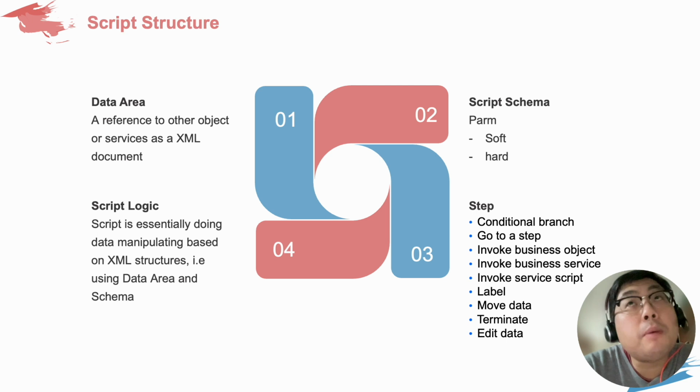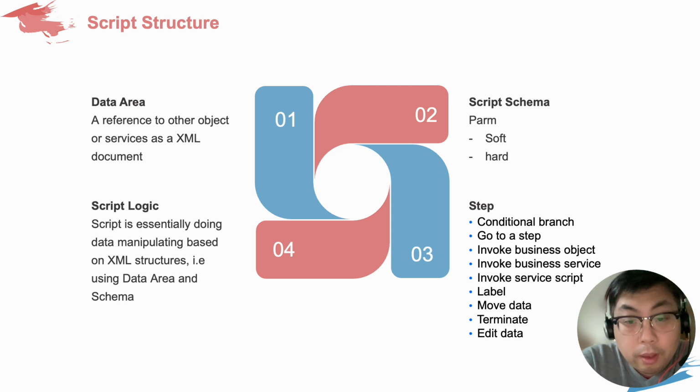Very often, if it's not an algorithm or logic involving too many steps or branching, I would just write everything in one edit data, because it makes it easy for people to read, and it is also easy to maintain.